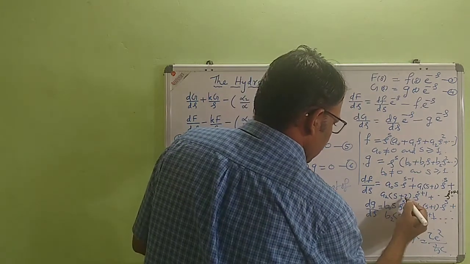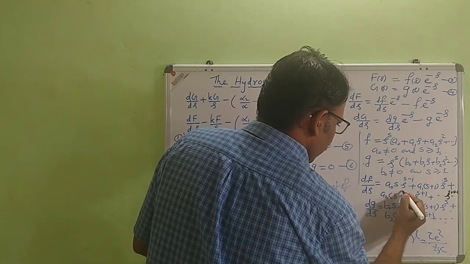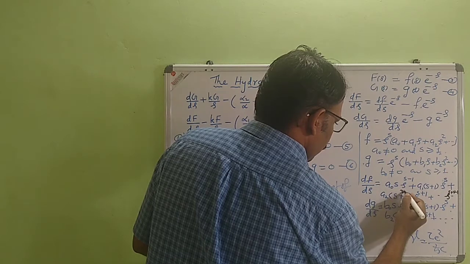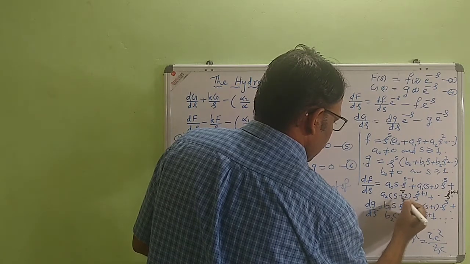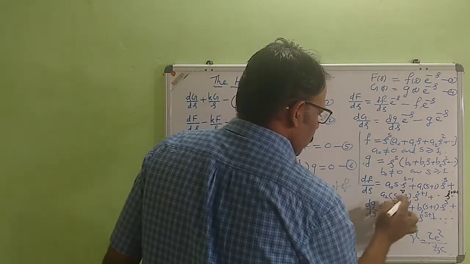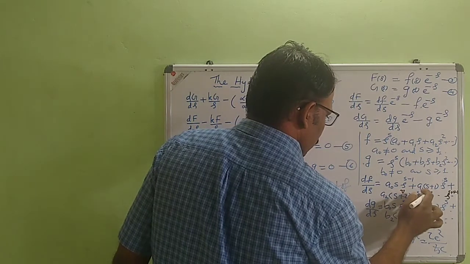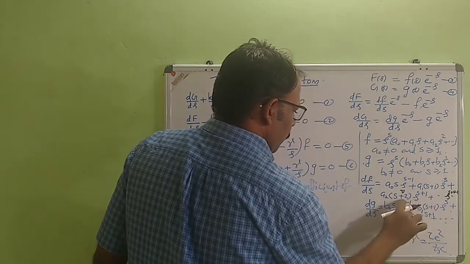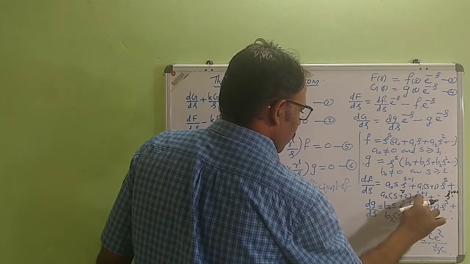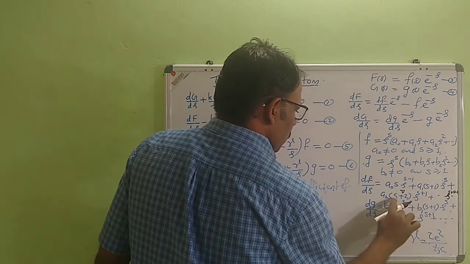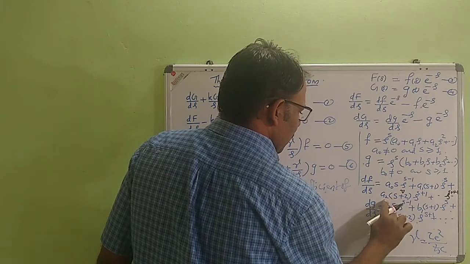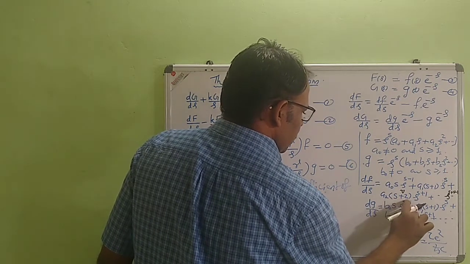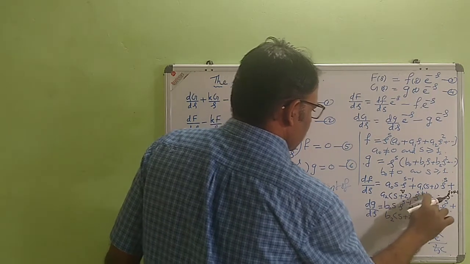If instead of 2 I give v, then a2 becomes av, multiplied by S plus v. If I give 2, then here it is S plus 1. If I give 3, then it is a3 S plus 3 rho raised to S plus 2.